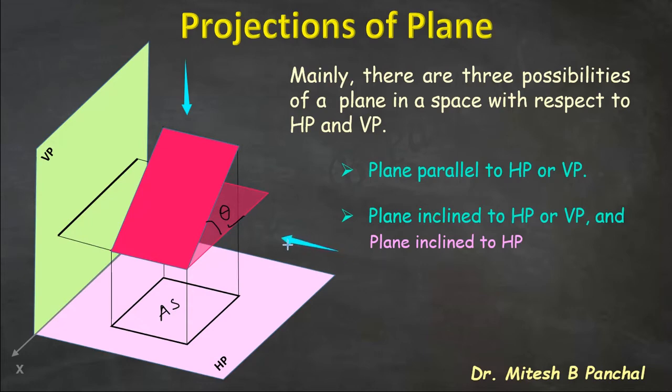When we view the plane from the front direction, the front view of this plane inclined to HP will be a line. So in the front view, we will get the line view of the plane. And here also, the length of the line view for both cases, when the plane is inclined to HP and when it is parallel to HP, will be the same.